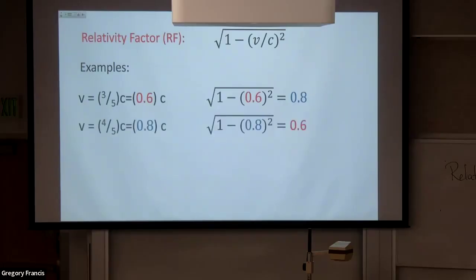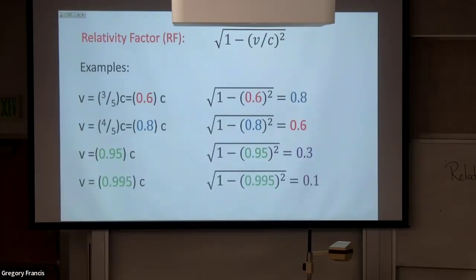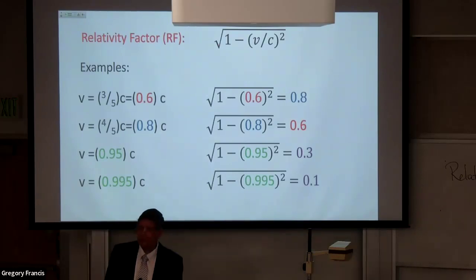If your speed is 4/5 the speed of light or 80% of the speed of light, the relativity factor gives you 60% or 0.6. If you're going 95% of the speed of light, it gives you 0.3. And if you're going 0.995 times the speed of light, it gives you 0.1. And so these are numbers that are just handy when you're working problems. In my textbook, these are the numbers that we tend to use in our examples.